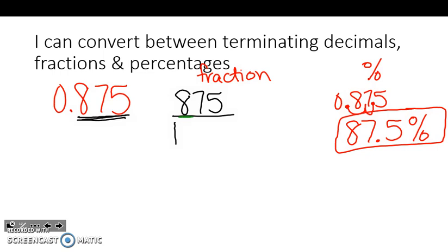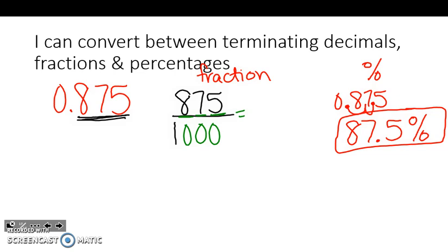So on top there is 1, 2, 3 digits, so you're going to add 3 zeros to the bottom. So you end up putting that 875 over 1,000. Okay. Now, as always, you need to see if that fraction will simplify. Okay. So normally you would see what digits go into both of those evenly.